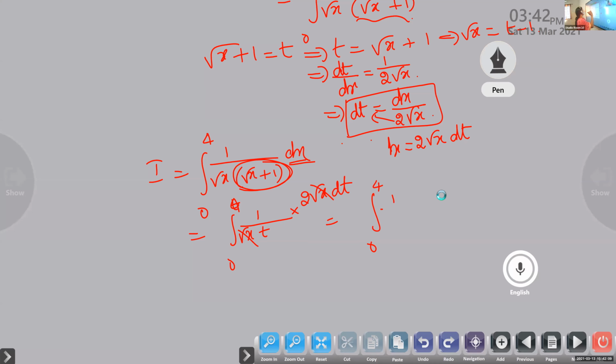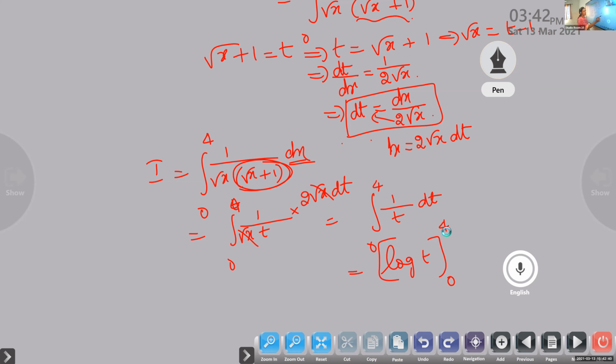Integral 0 to 4, 1 by t into dt. Okay, now what is the integral of 1 by t? Log t, within the limits 0 to 4.